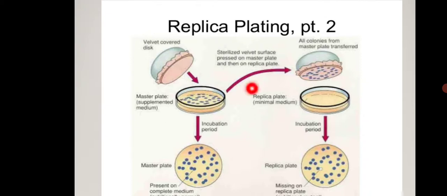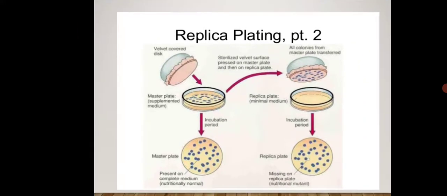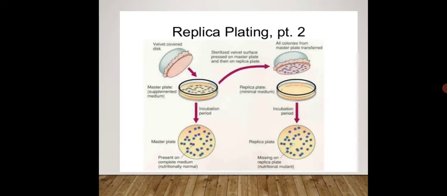When you spread the plate, first of all you have prepared the suspension. After preparation of the suspension, you spread it onto the sterile nutrient agar plate. After spreading and before incubation, you have to expose the master plate to the UV.